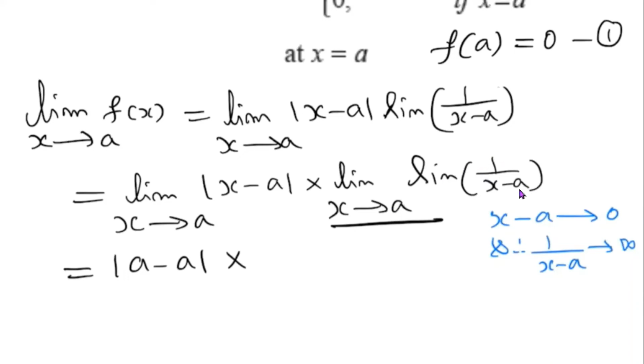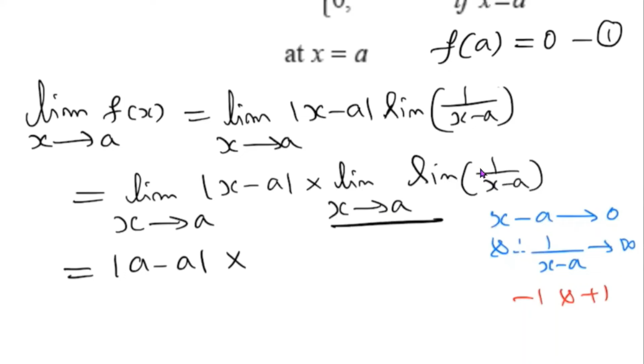However large the value of an angle, the sine of an angle always lies between -1 and +1. If you take the limit of sine of 1 upon x minus a as x tends to a, this limit doesn't exist because this doesn't approach a definite value.